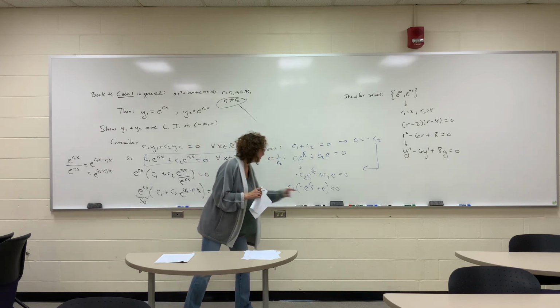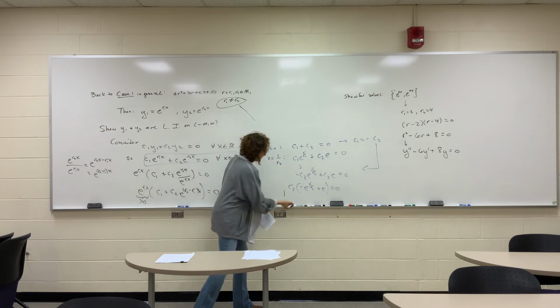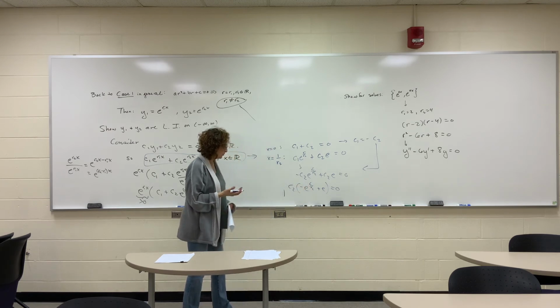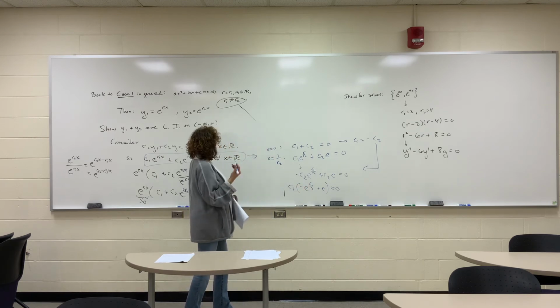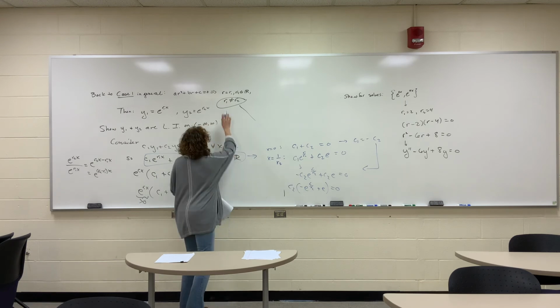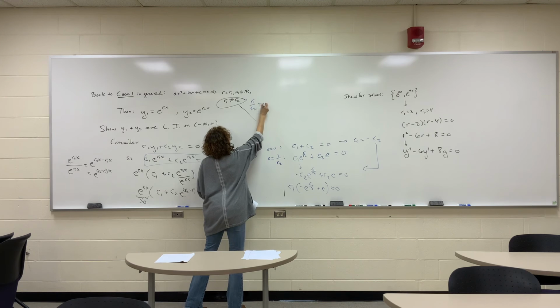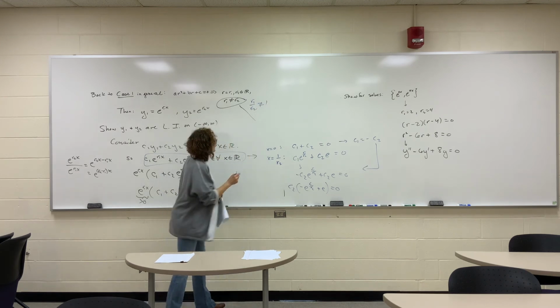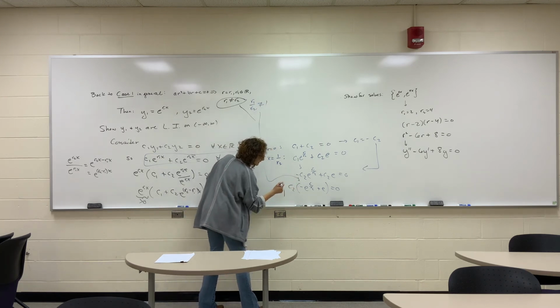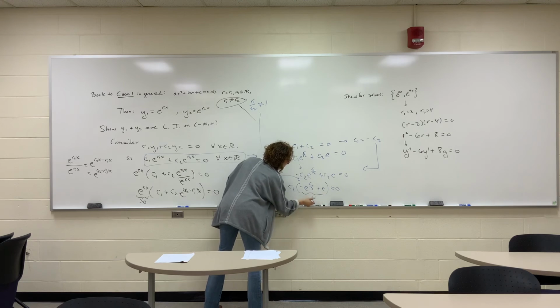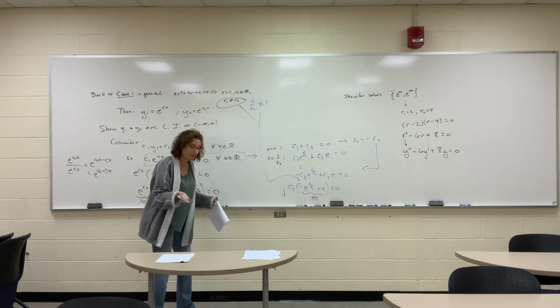Question is, can that be 0? Only if r1 over r2 is 1, right? Can r1 over r2 be 1? No, because r1 is not equal to r2, so r1 over r2 is not 1, right? And therefore this piece is not 0, because those are just specific constants.